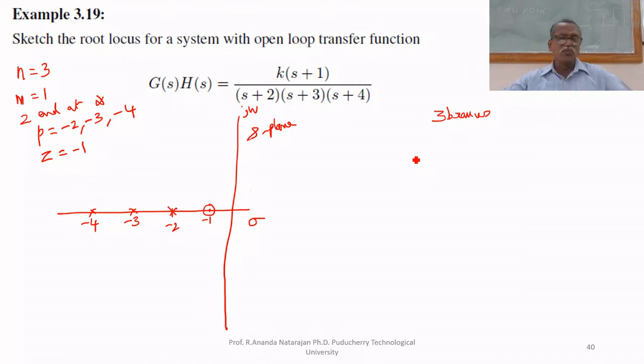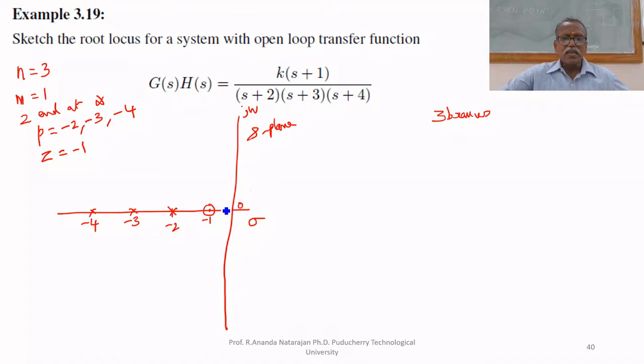Then the third rule says, what is the third rule? A point on the real axis, whether it is on the root locus or not. If you select any point between -1 and 0, is it on the root locus? It is not on the root locus, because to its right, there is an even number of poles and zeros.